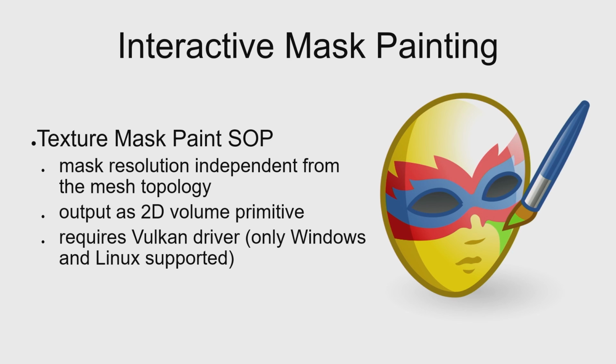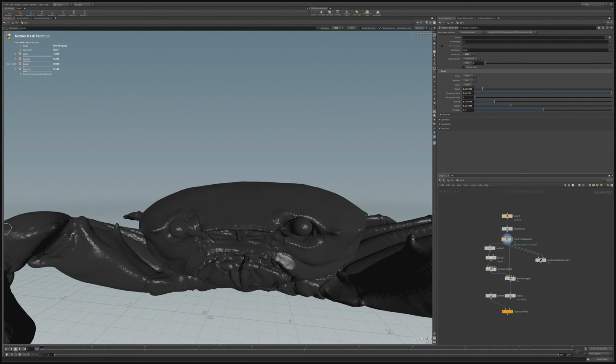The Texture Mask Paint node outputs texture data instead of geometric attribute values.